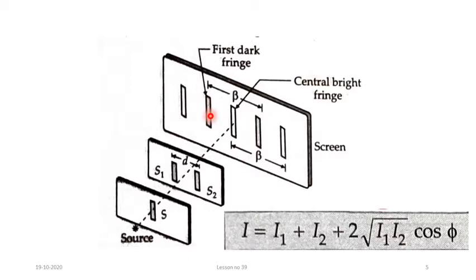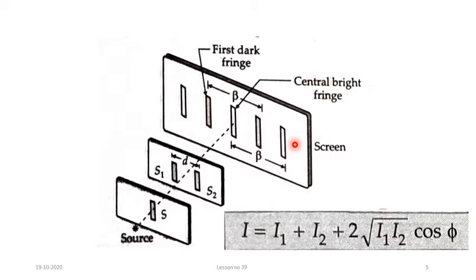Now the important point is to obtain an interference pattern, like in this case, bright, dark, bright, dark, bright. To obtain such kind of fringes, we need coherent sources only. Incoherent sources cannot produce such fringes.